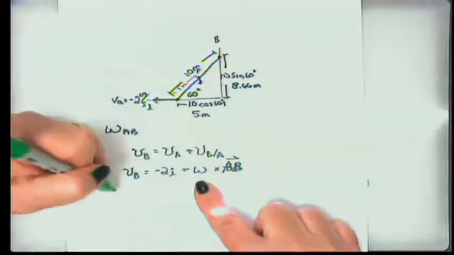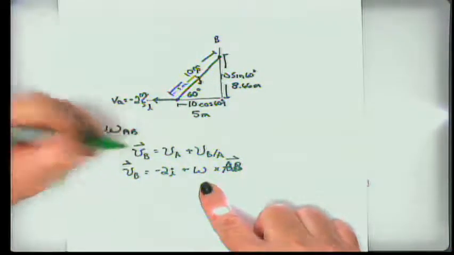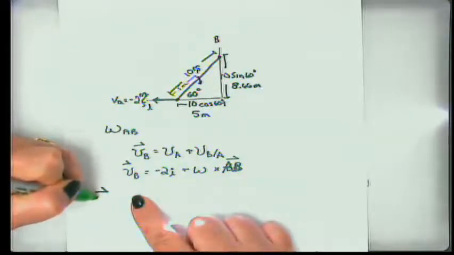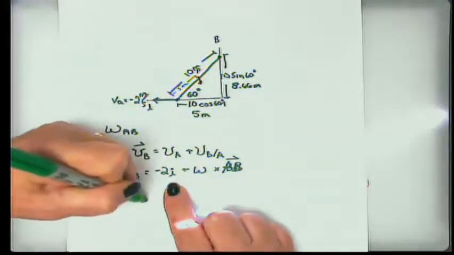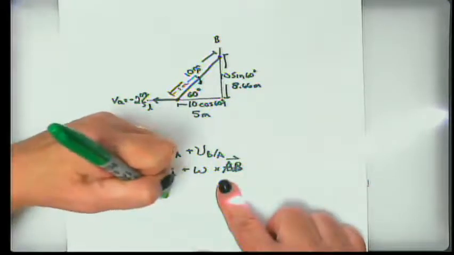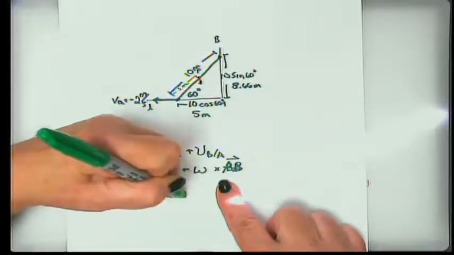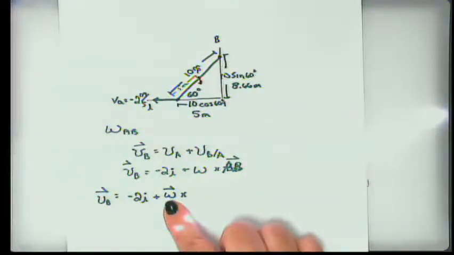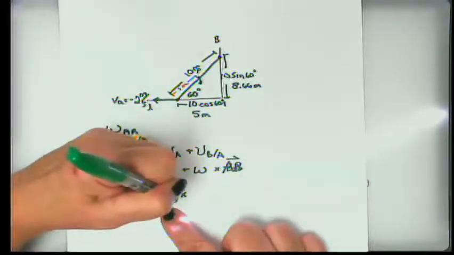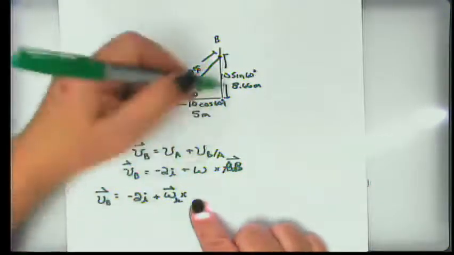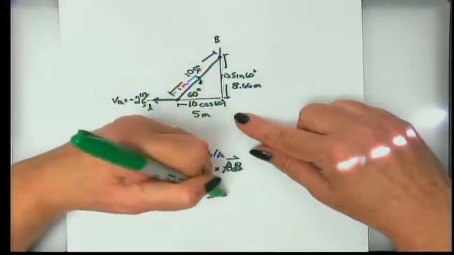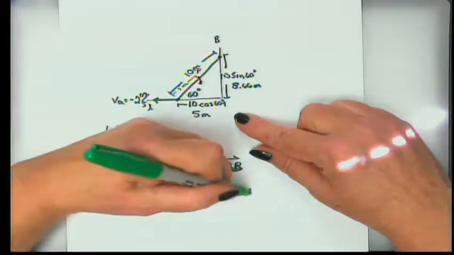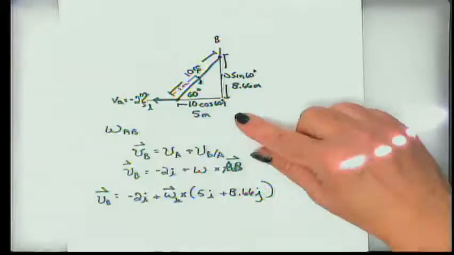So we can say then that the velocity of B is going to be negative 2I plus omega, which is also a vector, and that's actually going to be in the k direction for sure, because everything else happens in the plane, times 5I plus 8.66J.